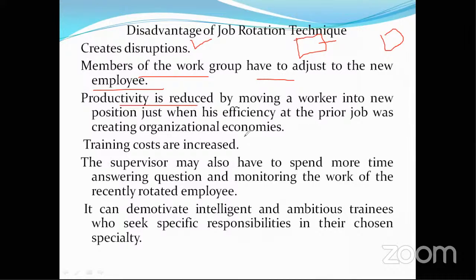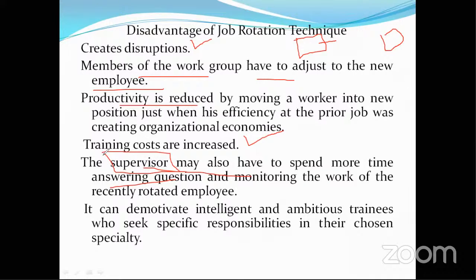Okay, training costs are increased. See, if we frequently rotate jobs, what we have to do? We have to freshly train the candidate. Then automatically training costs will be more in job rotation. The supervisor may also have to spend more time. This supervisor who is supervising various tasks has to supervise employees.